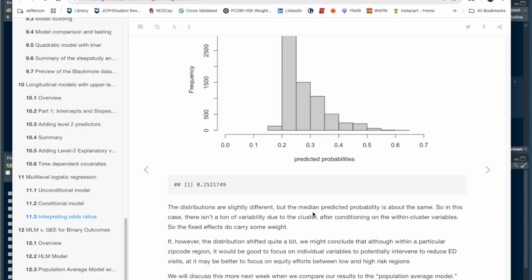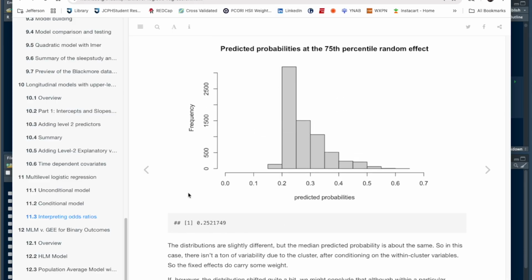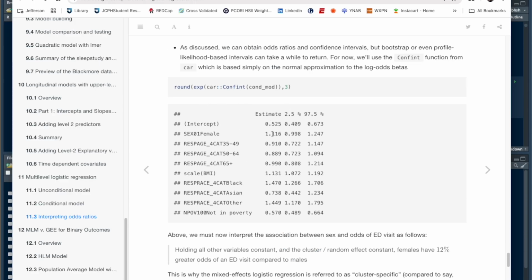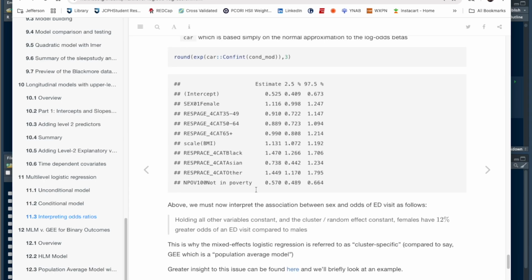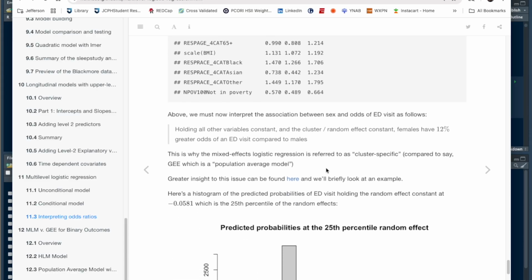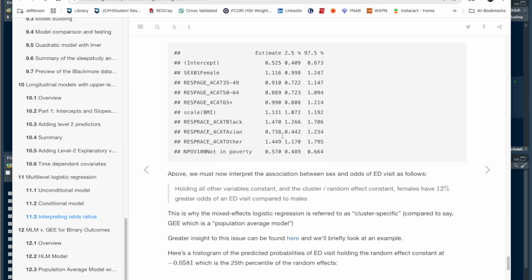So in this case, there may actually not be too much variability across clusters, such that these odds ratios actually do apply across the board. But we always want to make that final qualification that what we are actually doing is modeling these effects within clusters, and then if we have anything at the cluster level, between clusters.